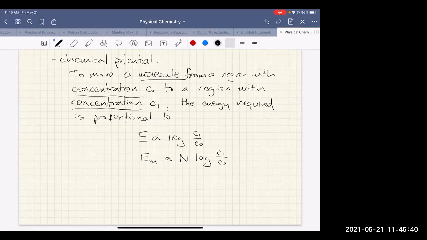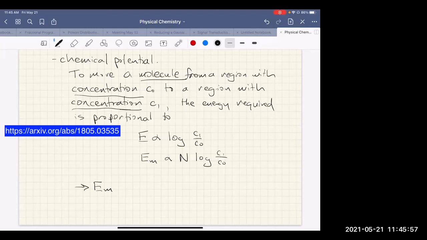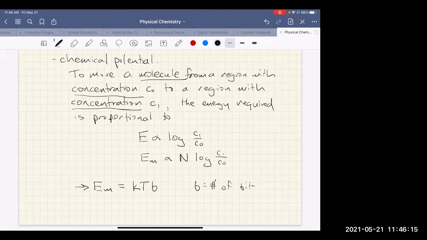In fact, I have shown in a paper that I wrote, I will attach the link to this document later, that creating the reservoir can be done with an amount of energy equal to kT times the number of bits used to transmit, times log 2.